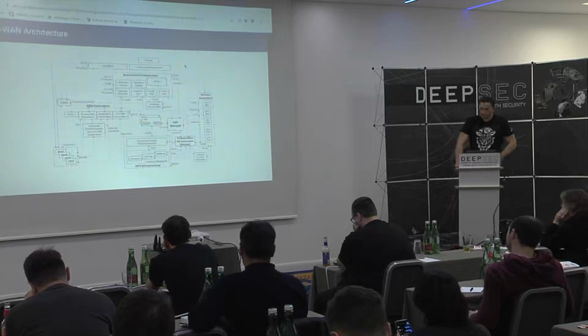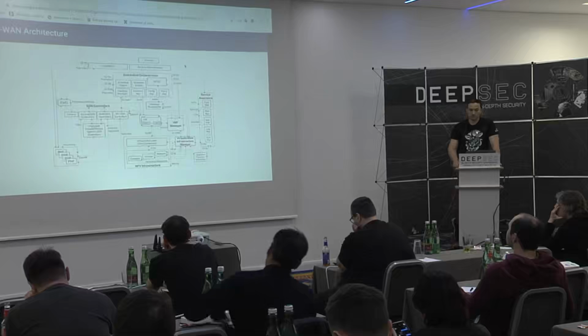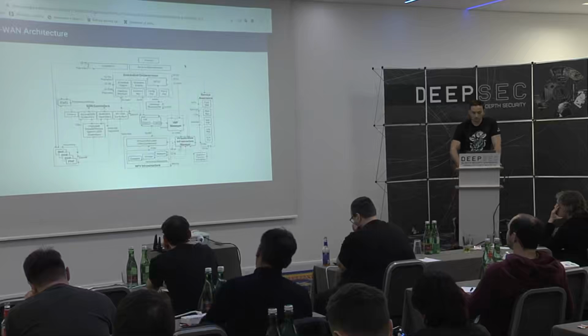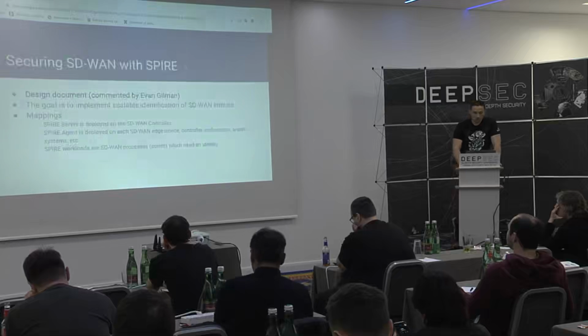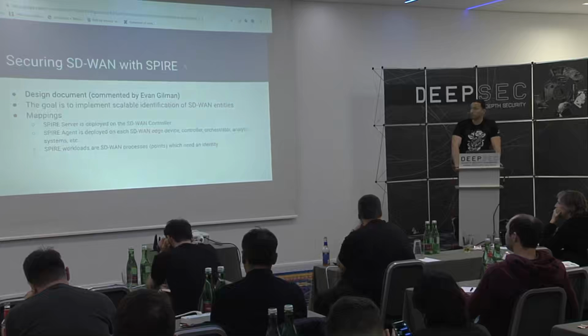And one of the problems from a security perspective in SD-WAN is the great number of components. And the idea is pretty simple: apply the SPIRE framework to secure SD-WAN.